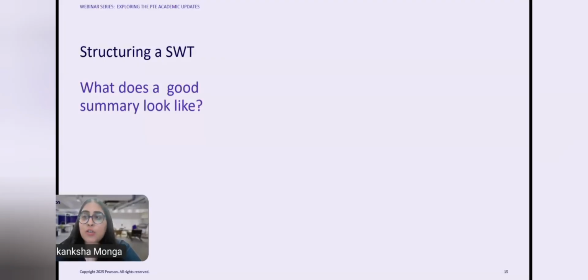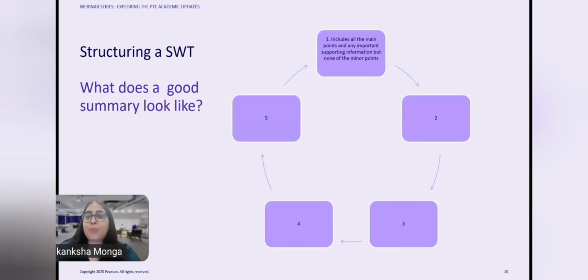About what is the structure of a summary? What does a good summary look like? A lot of you mentioned some ideas in the chat in the previous session. And I'm going to build upon some of those ideas in this section.